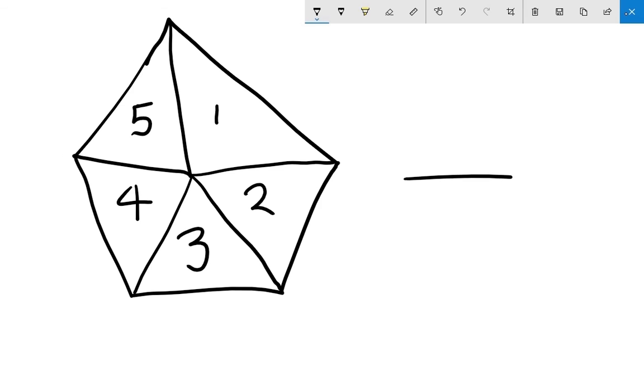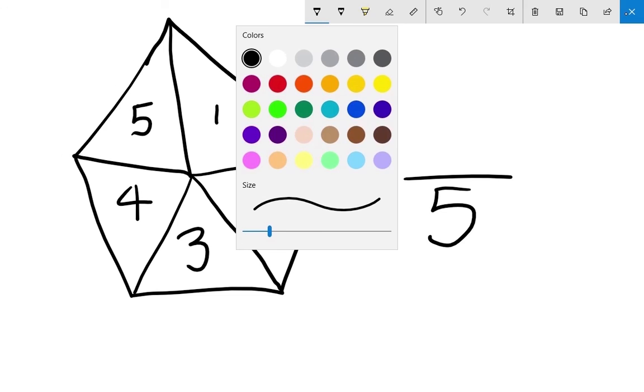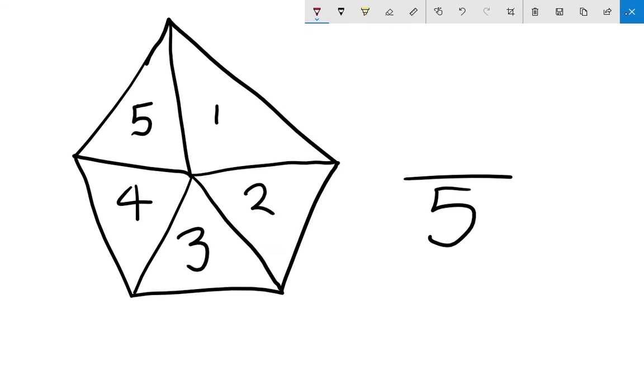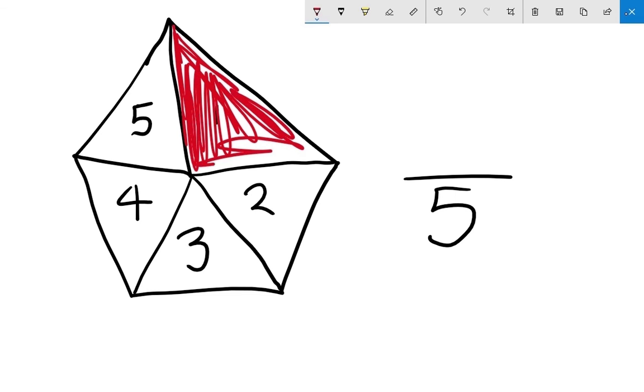I should write 5 as the denominator, because there are 5 parts in this diagram. Now, what if one part is shaded? What is the fraction of shaded parts to the whole? It's 1 over 5, because one part is shaded.